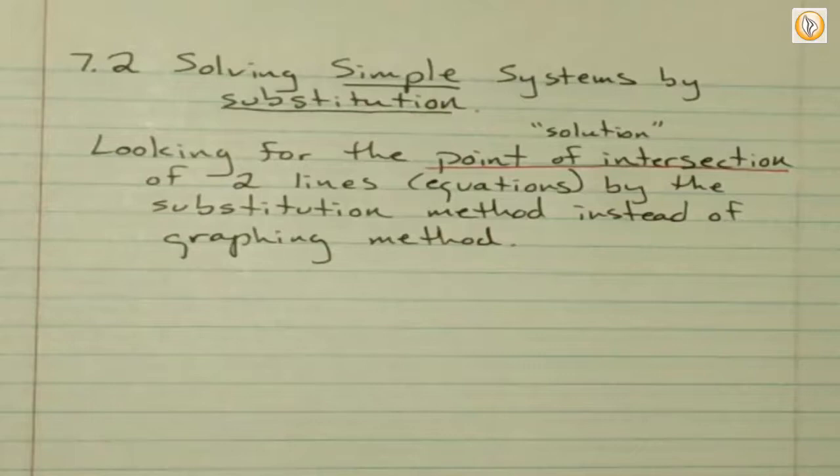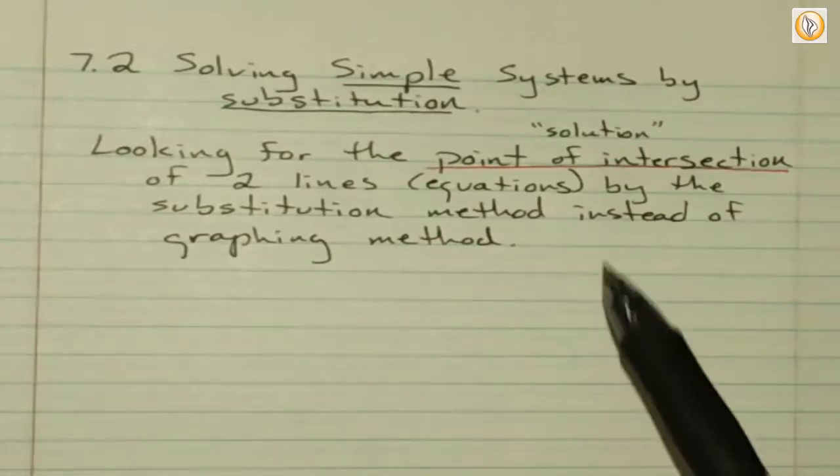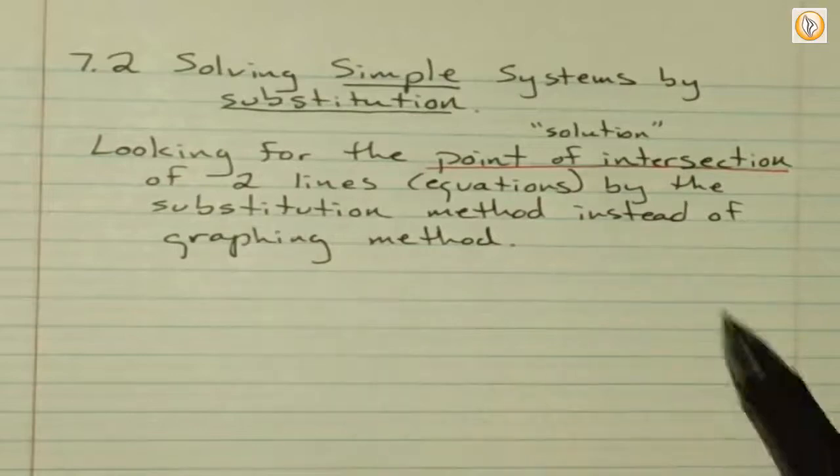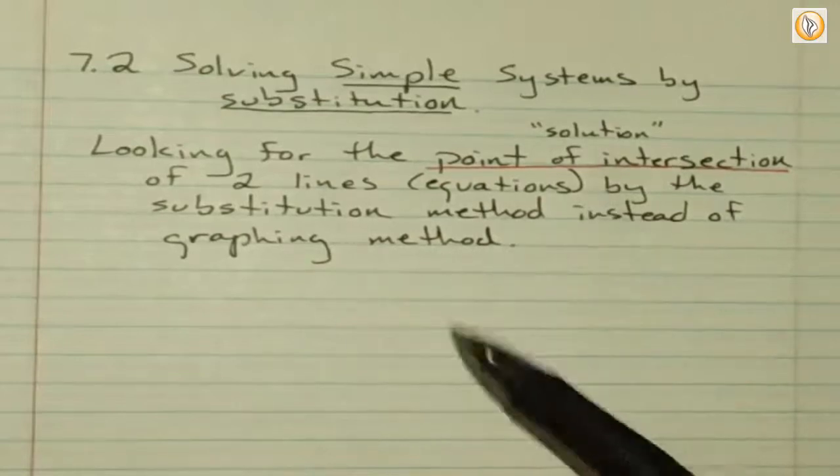Now, while I'm waiting for people to finish writing, I have students that would rather graph than do all of this work you're about to do. When you're graphing, you just change it to y equals mx plus b, graph it, and where they cross, there's your answer. Plain and simple. However, it doesn't always work, because the problems in your book are meant for substitution, not for graphing.